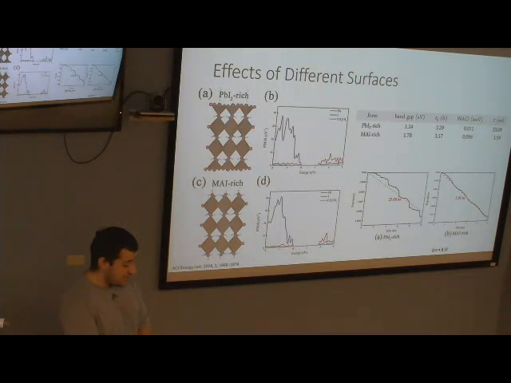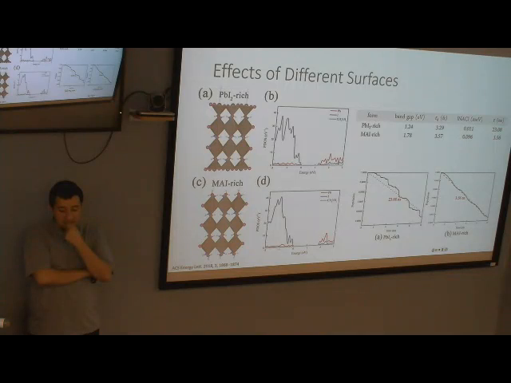It's hypothesized that the lower non-adiabatic coupling that is experienced in the lead iodide rich surface is contributing to the longer excited state. So why is it better to have a longer excited state population?